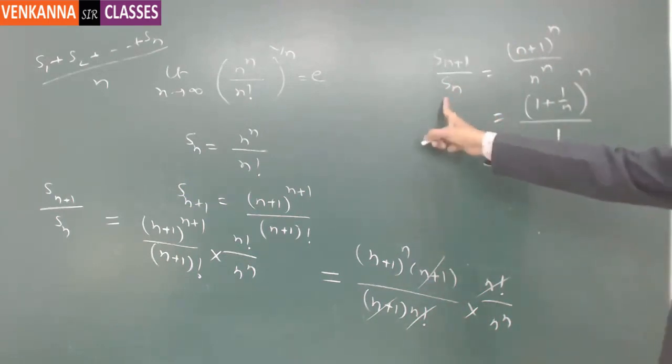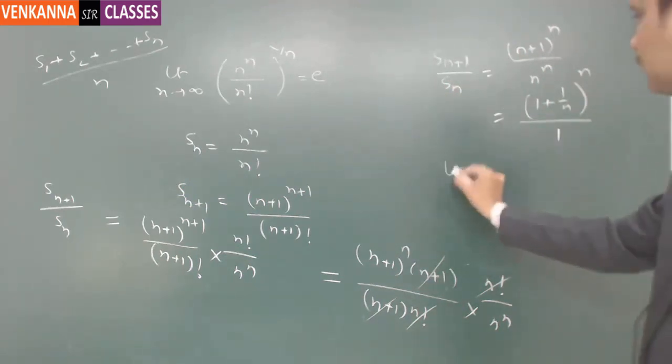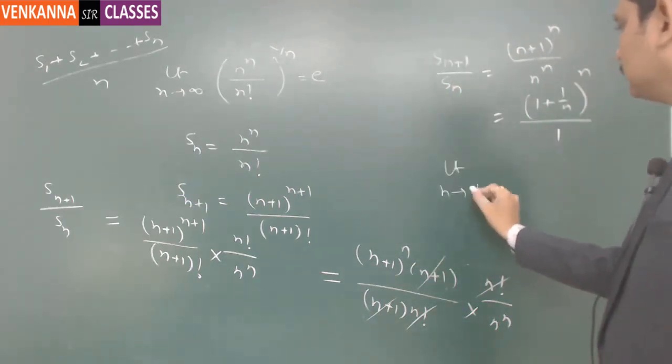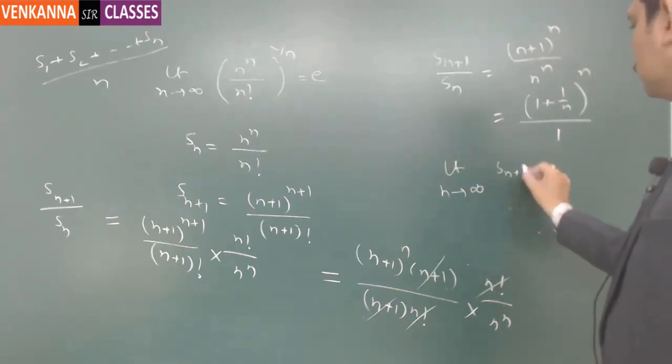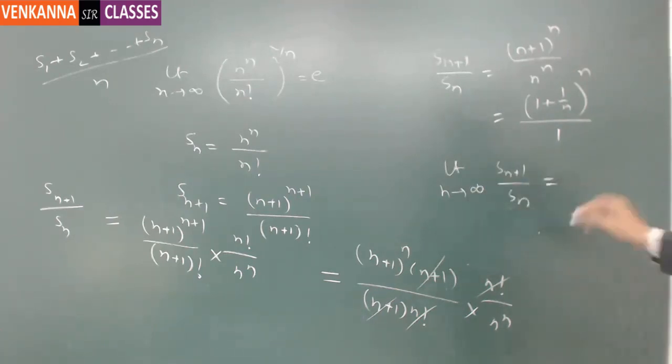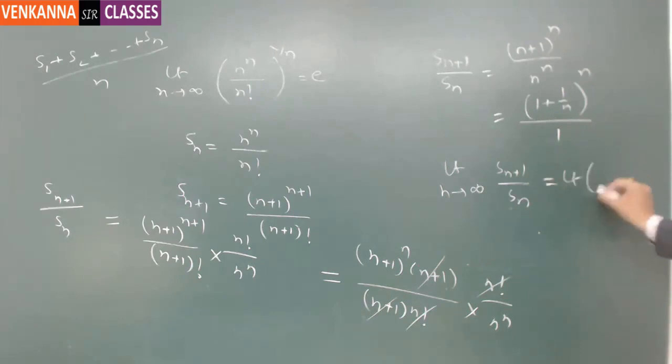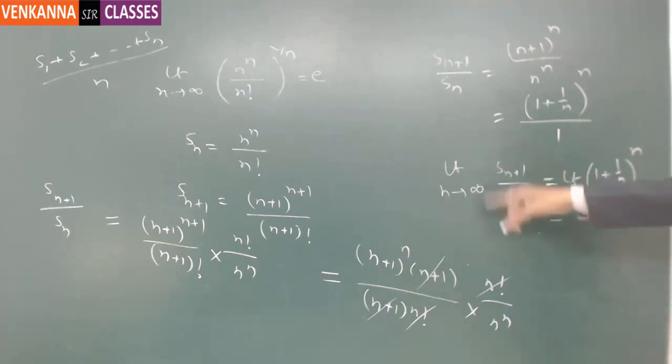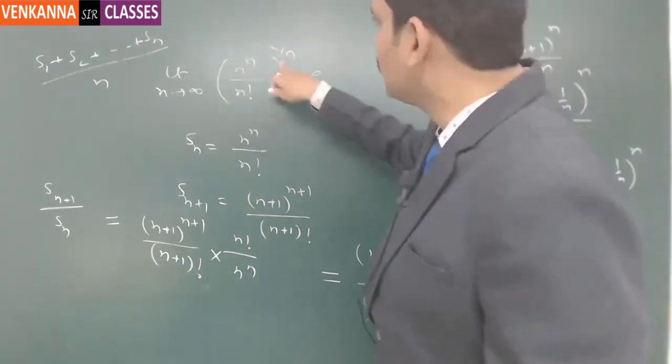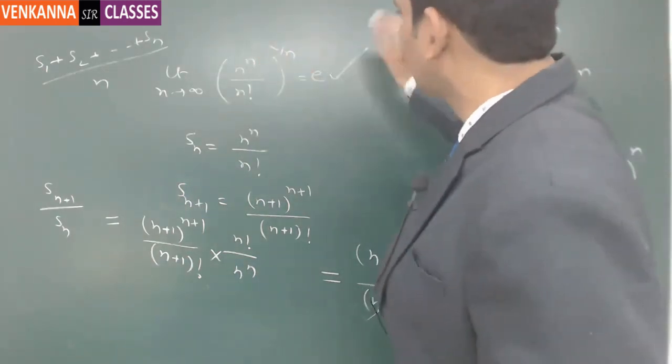Now for this ratio I am applying the limit. So, since the limit of this ratio is equal to E, by Cauchy's theorem on limits, the nth root limit is also E. The problem is complete.